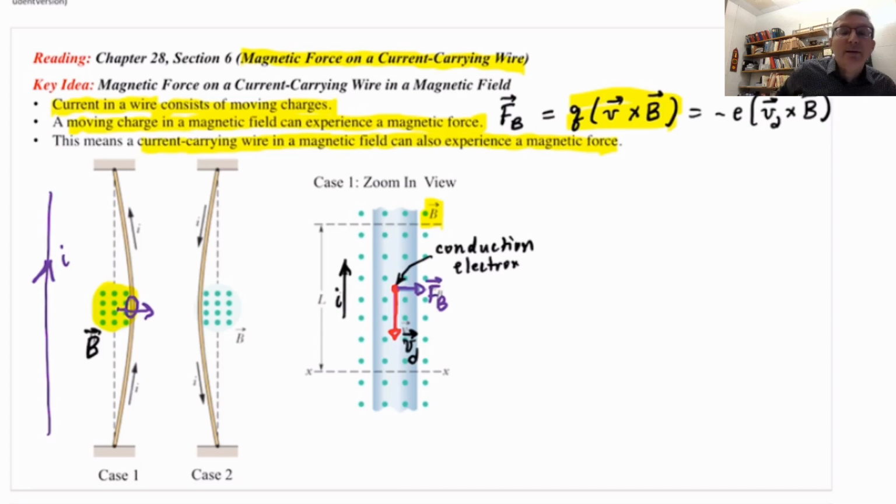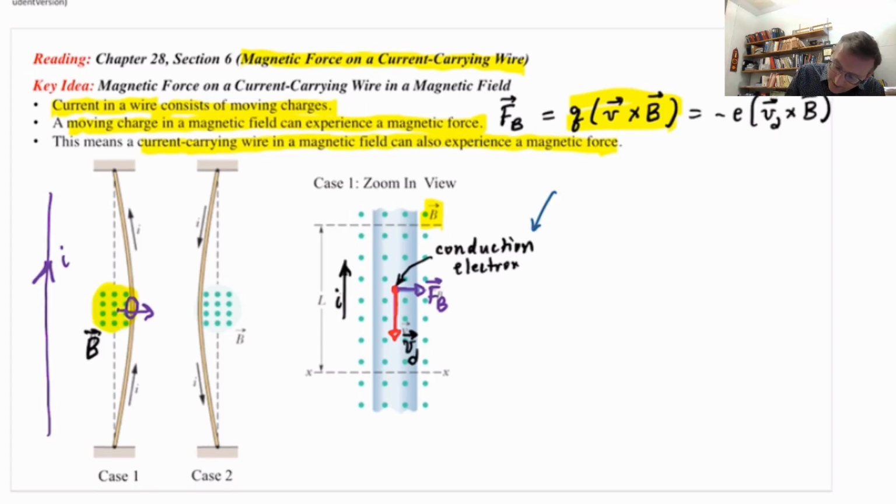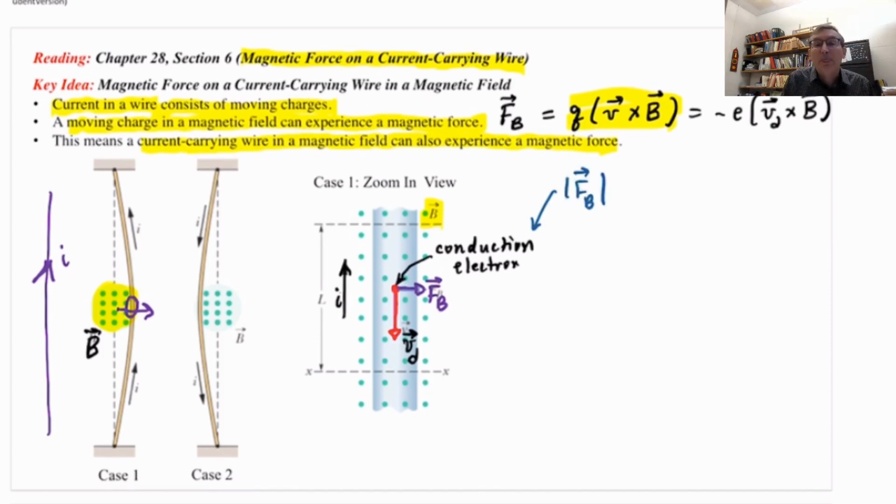But now what we want to be able to do is calculate the total force on that wire with its current. Okay? All right, so let's focus now on that single conduction electron. We know the direction of the magnetic force is to the right. Let's get the formula for the magnitude of that magnetic force. FB magnitude will be the magnitude of its charge, little e, and then I've got that cross product.